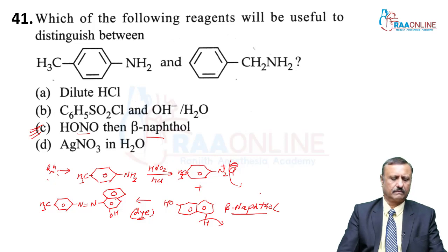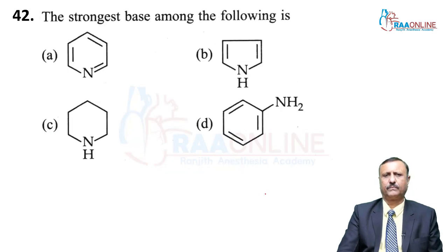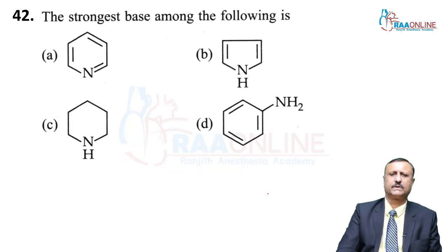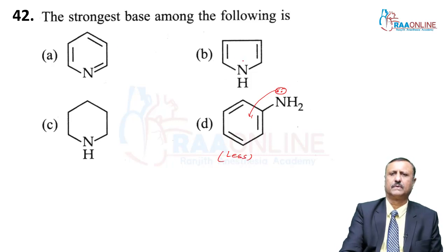Now we can see question number 42. Here in this question, my dear students, it is a basicity question, and you know very well that when the nitrogen atom is directly attached to benzene, it is less basic. When the nitrogen atom goes into the ring resonance, it is less basic, and when the nitrogen atom does not go into resonance, it is more basic.